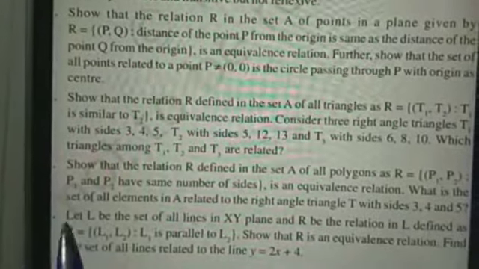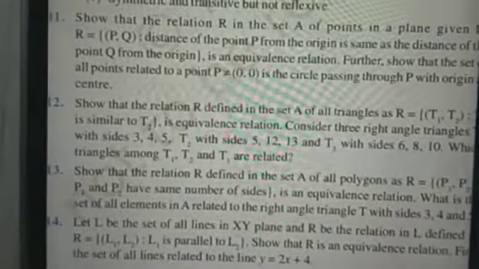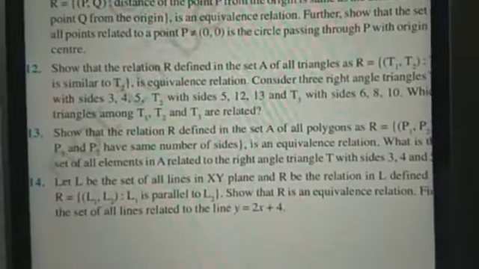So what is the set of all the elements in A related to the right triangle T with the sides 3, 4, 5? So this sum is quite similar to 12.1, the previous one, which I have already explained. So I think you should try it yourself.